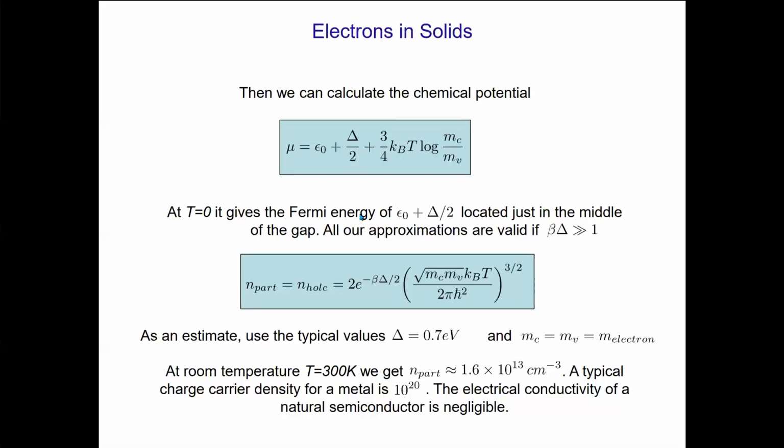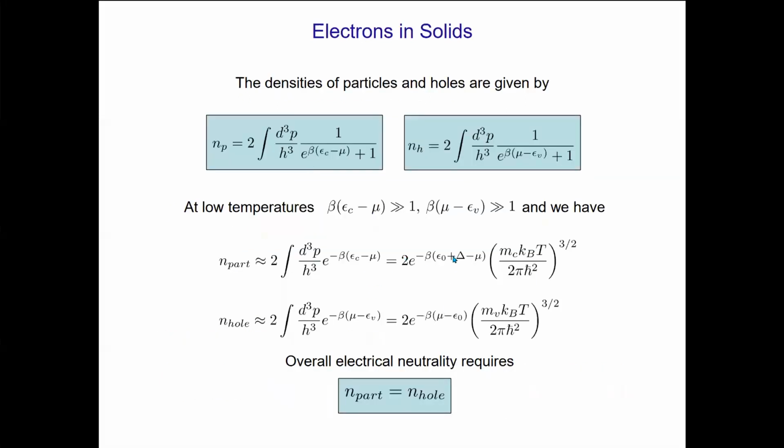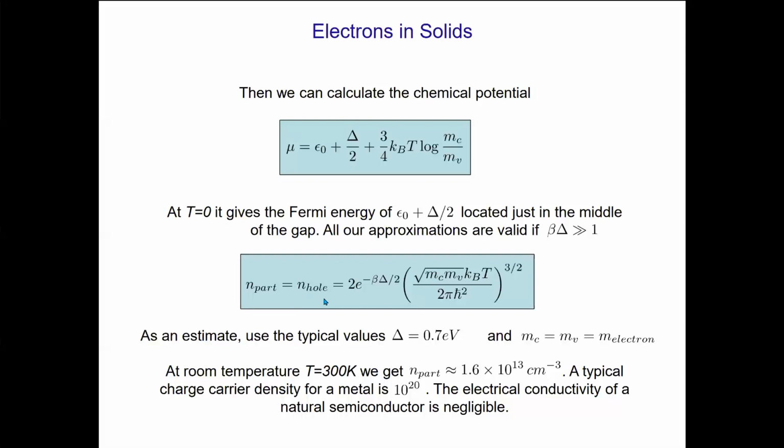So if you now use this expression for the chemical potential in one of those equations for the density of particles and holes, we get for the density of particles or holes this expression when we substitute this mu into the previous expression.